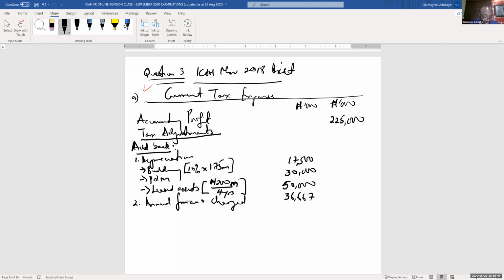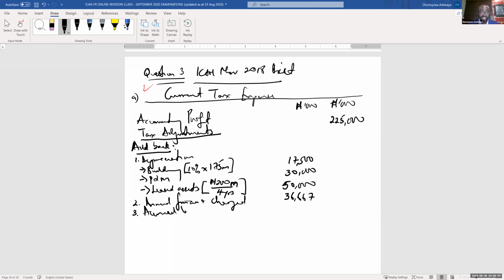The other aspect is interest payable. Interest payable means you have accrued for interest and it has not been paid. And from this position, we are told that interest expense is only allowed on a cash basis, which means that since it's not yet paid, it is disallowed and added back.